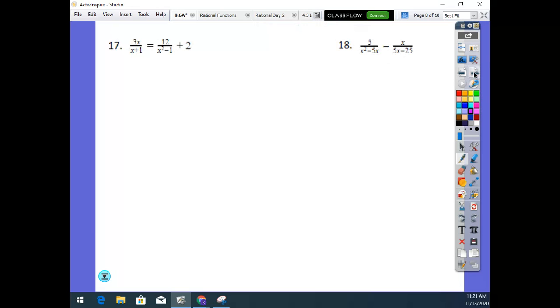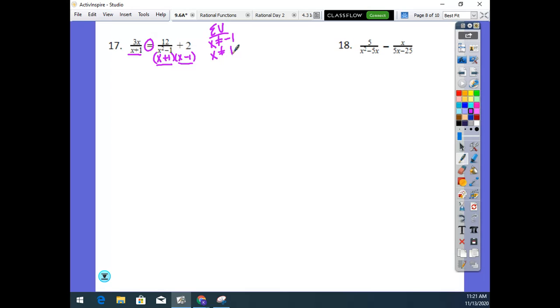All right, here's another solving problem. So I need to factor the denominator, and my excluded values, both of these are the same, so I cannot have negative 1 as a value, and I cannot have positive 1 as a value because it creates a 0 in the denominator.